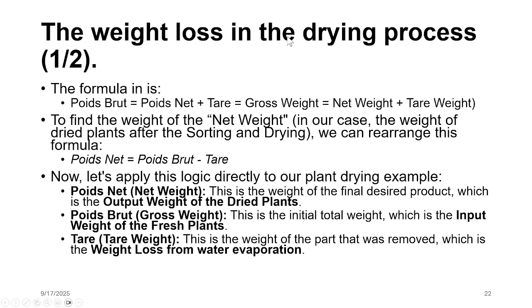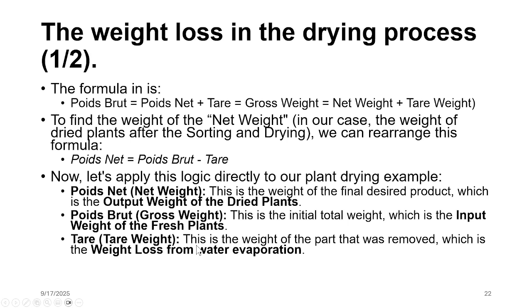Now let's apply this logic directly to our plant drying example. The net weight is the weight of the final desired product, which is the output weight of the dry plant. In our context we don't have this information, so we are going to calculate it. The gross weight is the initial total weight, which is the input weight of the fresh plant, right?